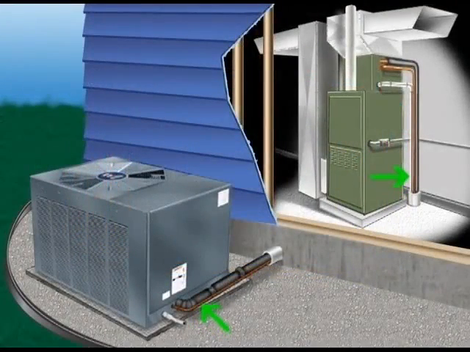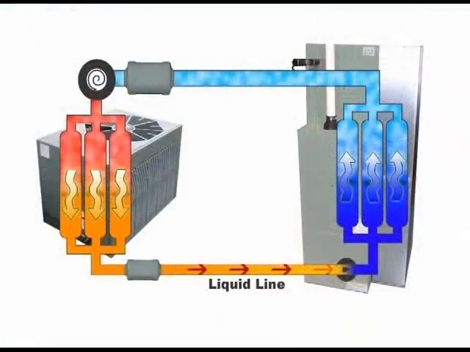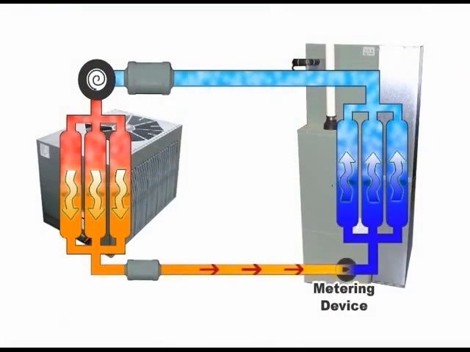This line is the smaller of the two lengths of tubing that connect the indoor and outdoor units together. It can also be easily identified as it is the uninsulated tube. After passing through the liquid line, the refrigerant arrives back at the metering device, our starting point in the tour. The refrigerant has now come full circle and is ready to repeat the process over and over again.